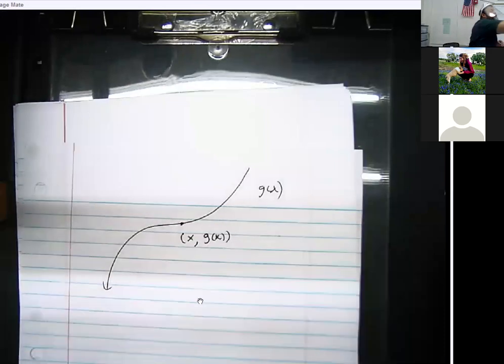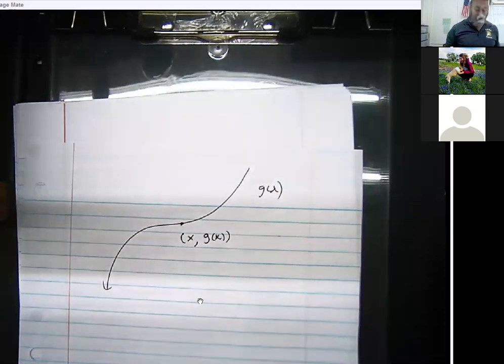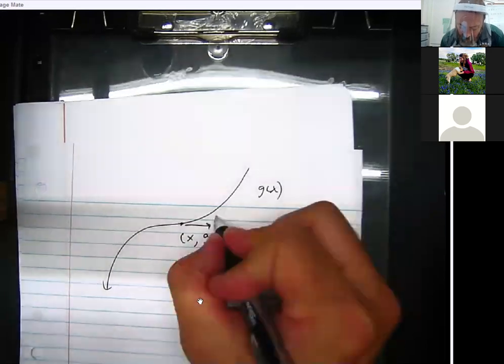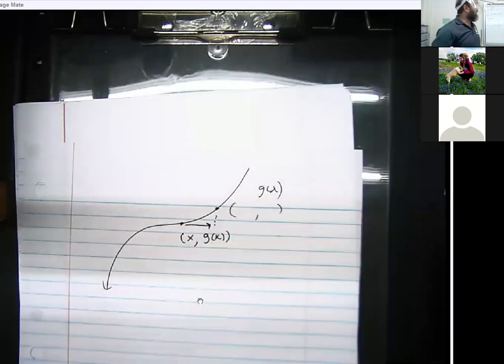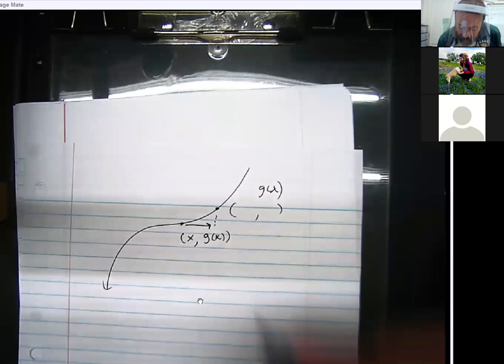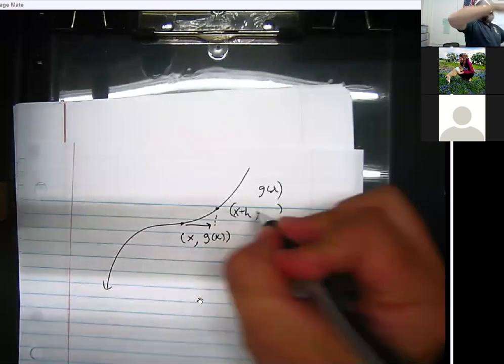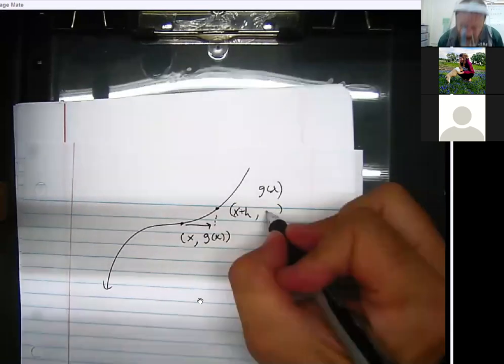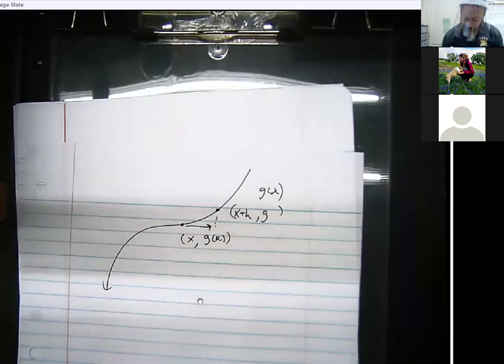Would that name literally every point on this thing? Now watch how this works. What if I moved to the right h and I wanted to find that location right there? It would be x plus h, because I moved to the right h units, right? And the y component would be g of x plus h.